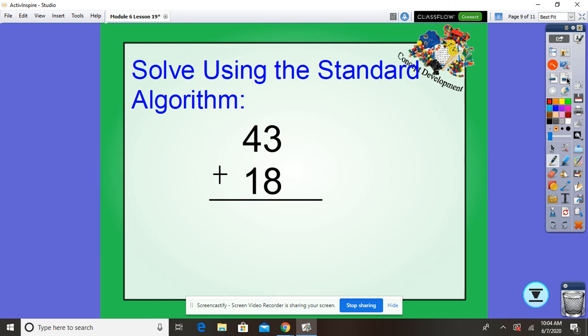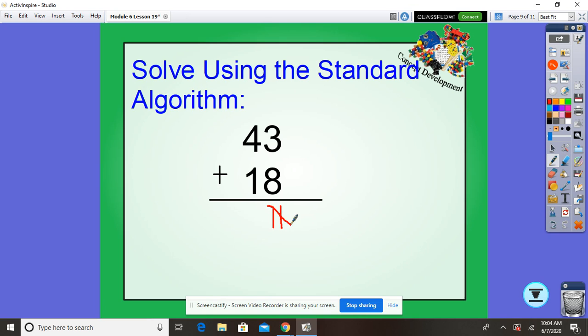Here's another one with the standard algorithm, only this time you have to carry over. So 3 plus 8. I'm going to start with the greater number, which is 8, and I'm going to count up 8, 9, 10, 11. So I have 11, but I can't put 11 down here.